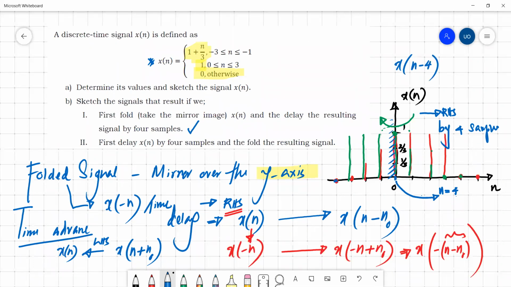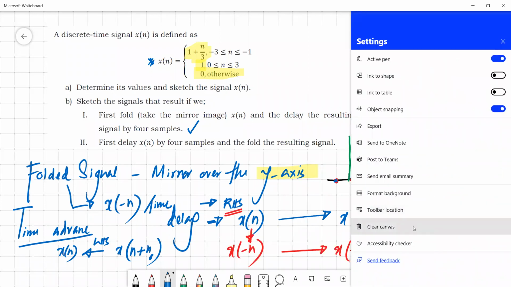So then take whatever signal you obtain here and simply rotate it over the y-axis by 180 degrees, which gives the mirror of this one. So then you can compare whether these two signals are the same or not. Okay, so hope it's clear.